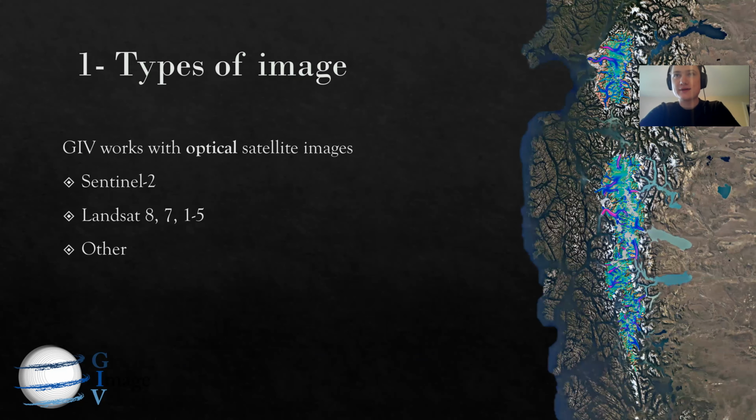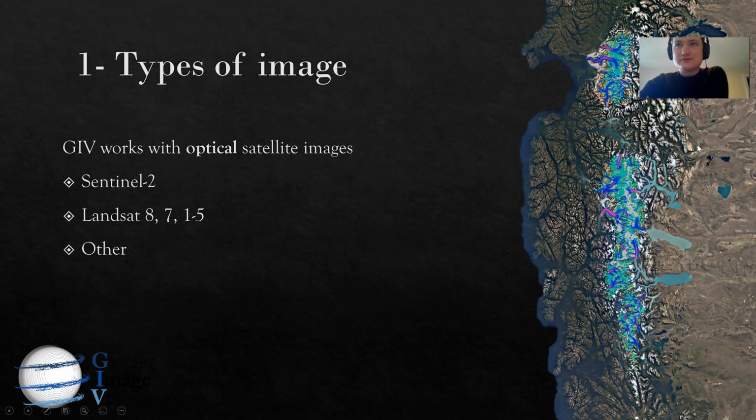GIV runs with optical imagery or near infrared imagery. And the main data sources for that are Sentinel-2 and Landsat. Sentinel-2 provides an excellent high temporal resolution and pretty high spatial resolution too, from about late 2015 to present.